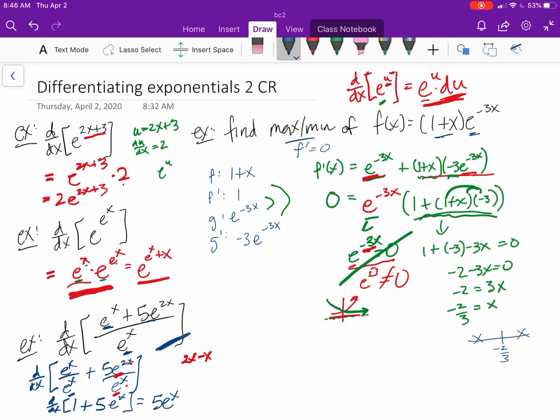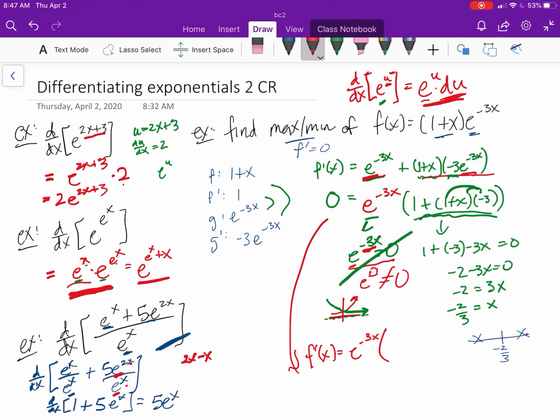You could also do the second derivative test. I don't know which one is necessarily going to be easier. Because we had f prime of x all factored, I think I would rather just do test points.